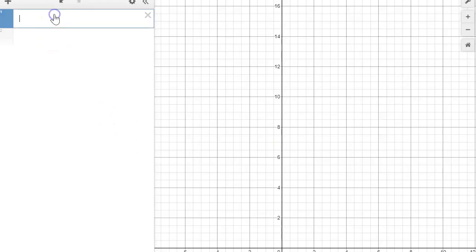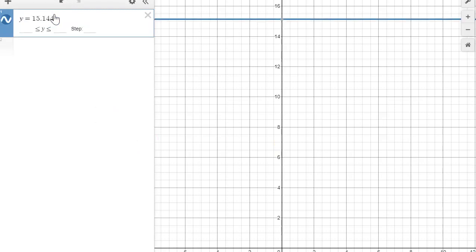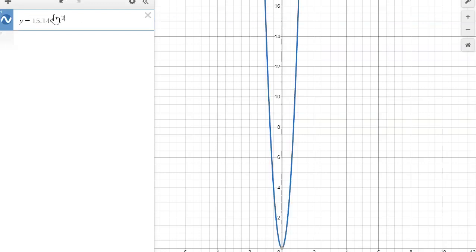So I'm going to type in my equation, 15.1442x instead of t. Ooh, not right.